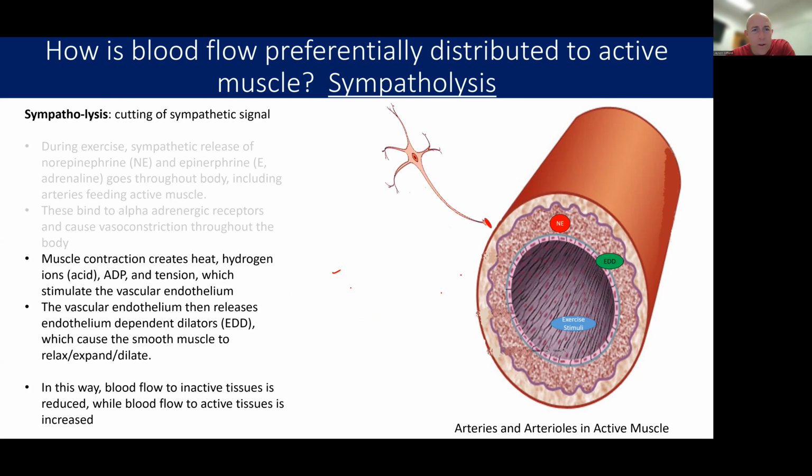And norepinephrine is going to result in more calcium in the smooth muscle, promoting contraction, whereas a lot of these endothelium-dependent dilators are going to result in less calcium within the smooth muscle cell. So really, calcium is at the center of this tug of war, the balance. One signaling for increased calcium, one signaling for decreased calcium, and whichever signal is stronger is going to influence what ends up happening. And however much stronger the signal is, that's going to influence how much calcium is in the cell.